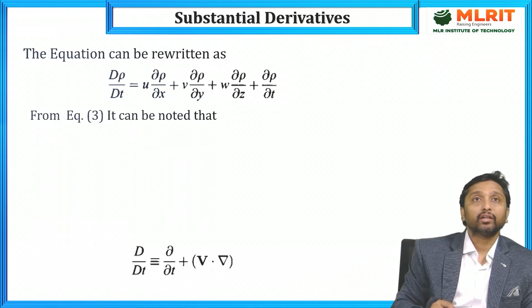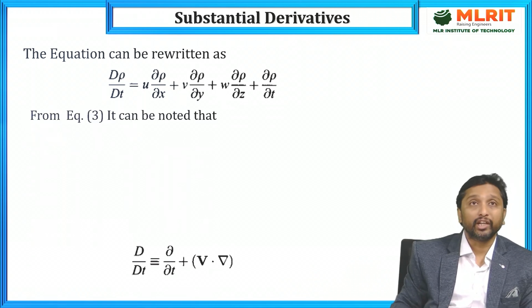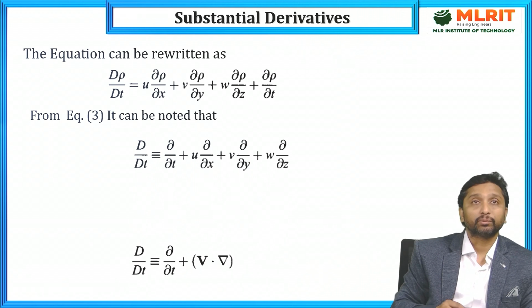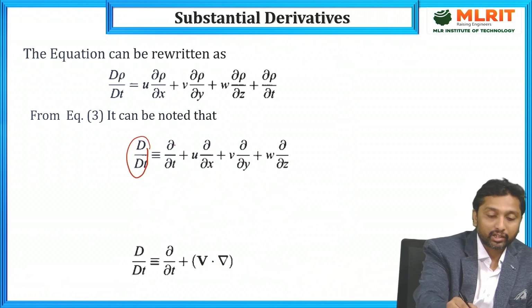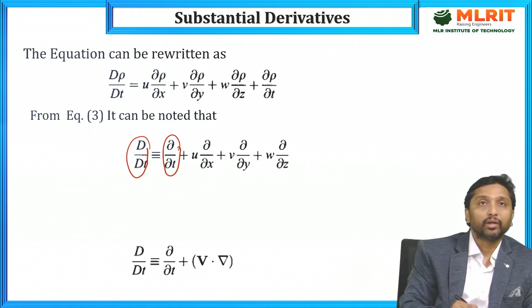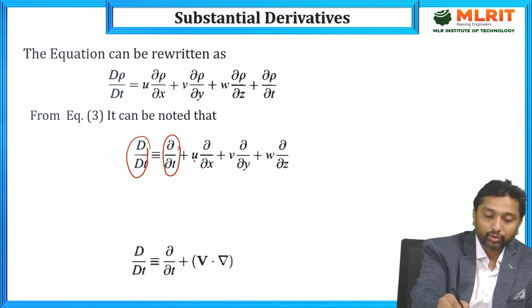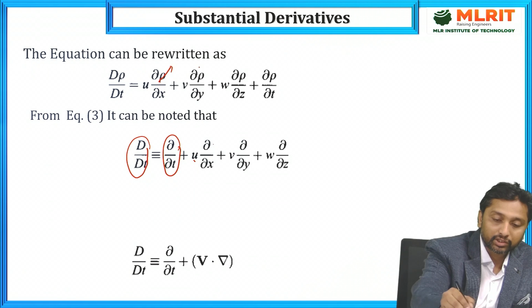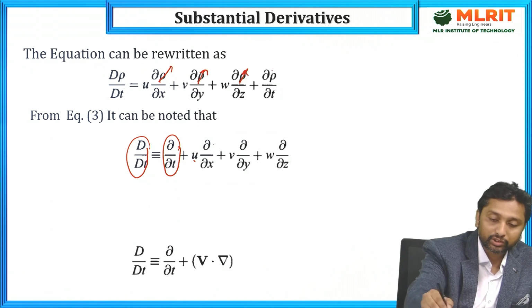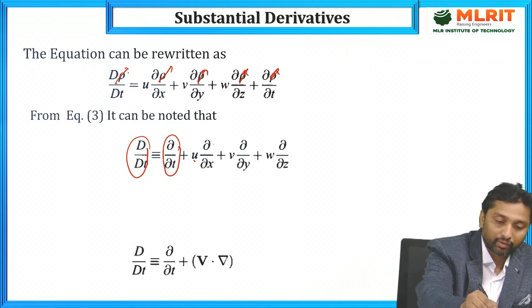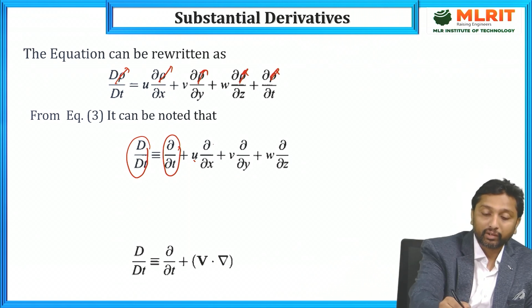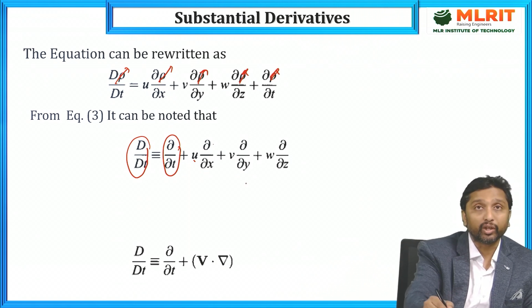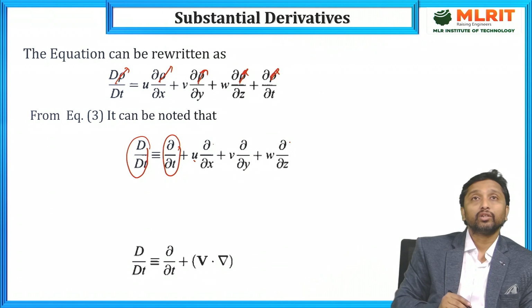Now we can consider d rho by dt, which is nothing but the substantial derivative. D by dt can be written as dou by dou t plus u into dou by dou x. If we consider the density to be removed from the above equation, we will end up with u dou by dou x plus v dou by dou y plus w dou by dou z.